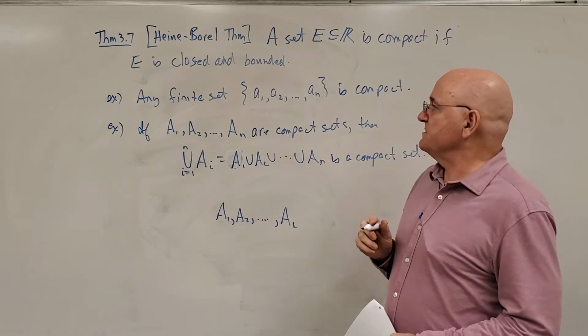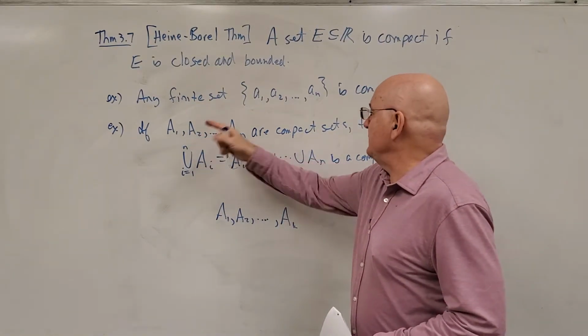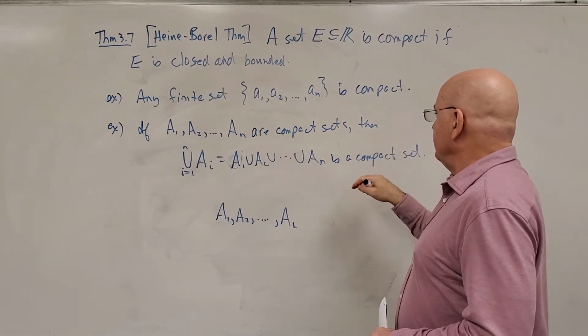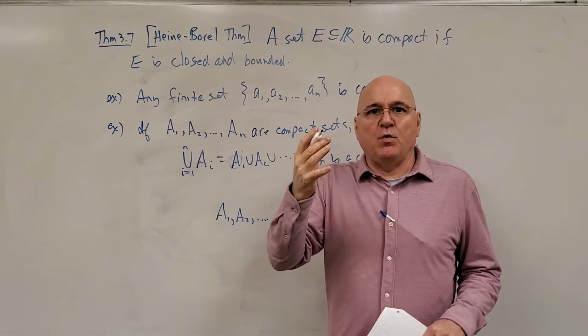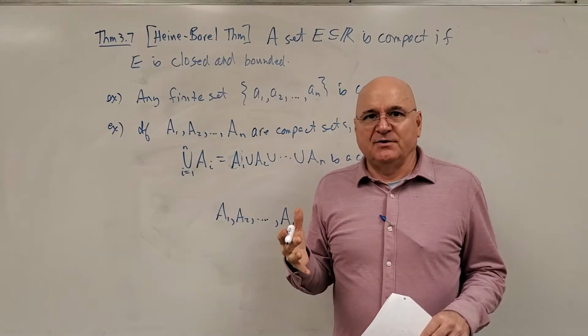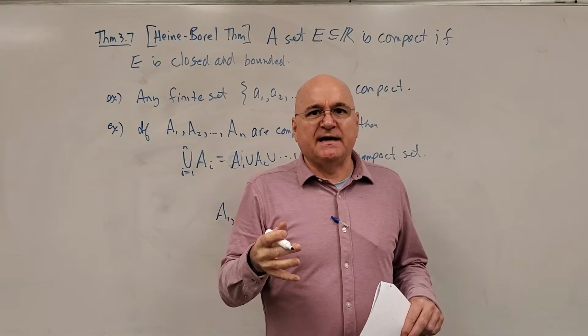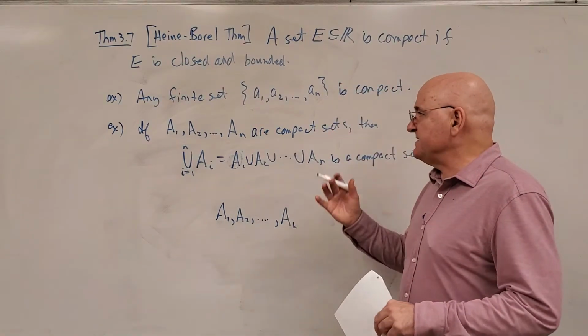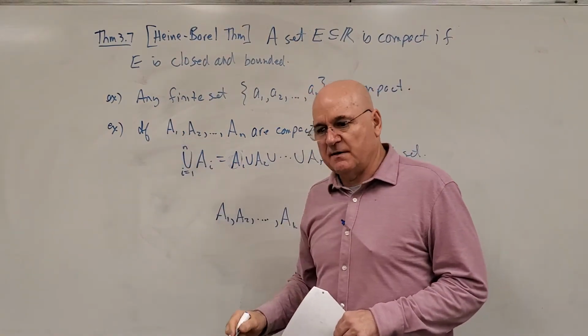That's the base case. If this collection of sets is only one set, so A1 is a compact set, then the union is compact because you only have one set. It's weird to say, but the union of one set is just the one set. So the base case is trivial.